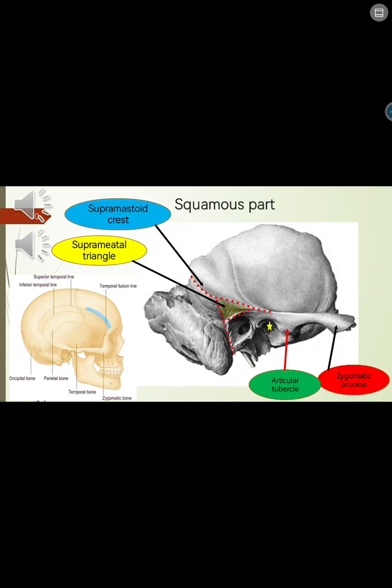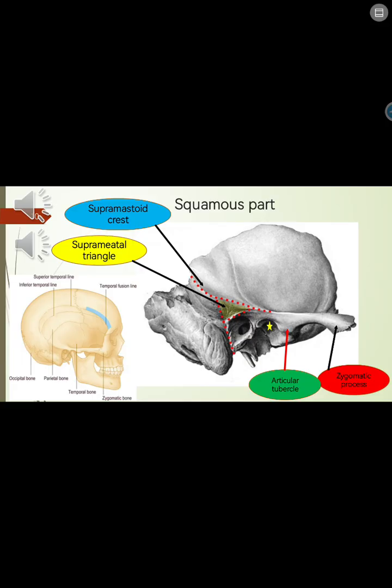Another thing that we can see here is a zygomatic process. Zygomatic process is an obvious process here, and has two surfaces, superior surface and inferior surface.